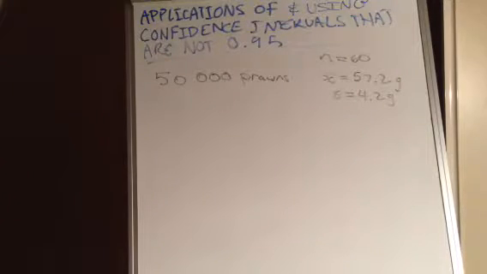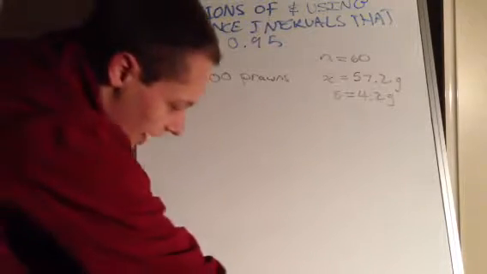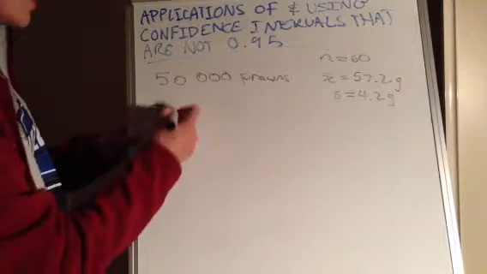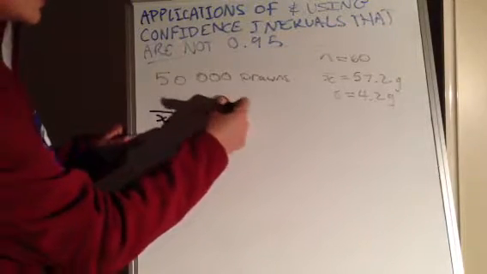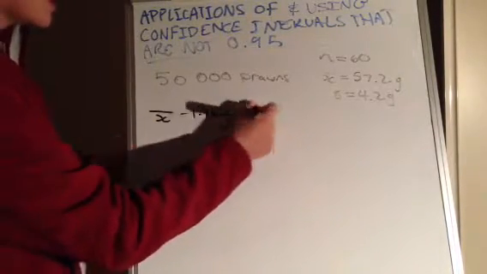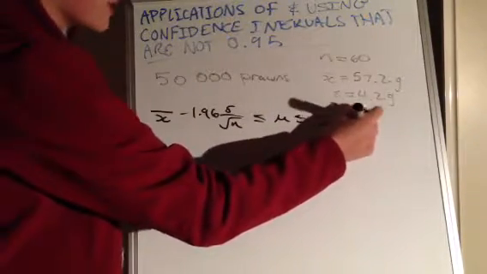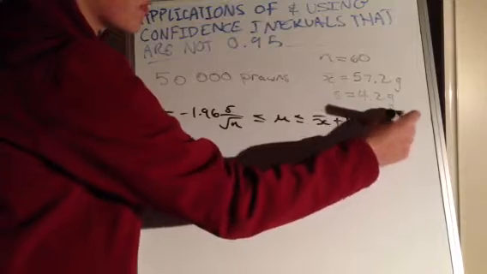Now, the first thing it's going to ask us is to calculate a 95% confidence interval for this mean mu. We know for a 0.95 confidence interval, it's simply x bar minus 1.96 sigma over root n, less than or equal to mu, less than or equal to x bar plus 1.96 sigma over root n.